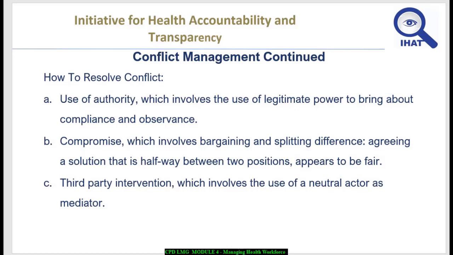And splitting the difference means agreeing a solution that is halfway between two positions and which appears to be fair. And we also have third-party intervention, which involves the use of a mediator.